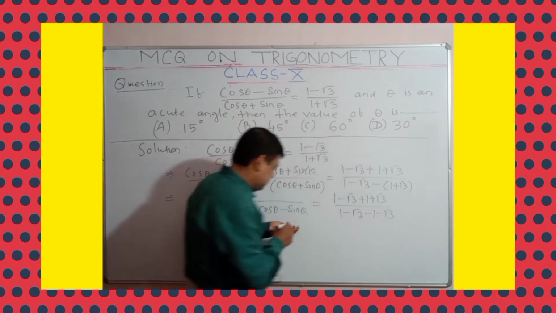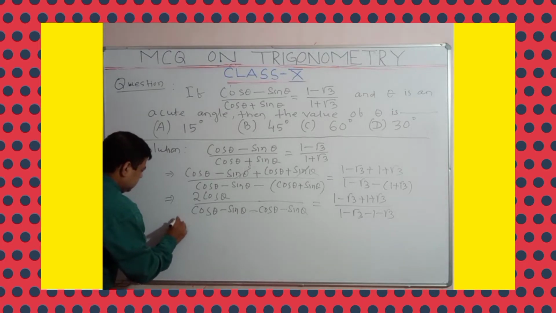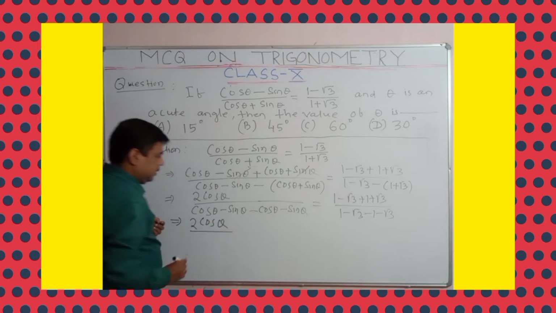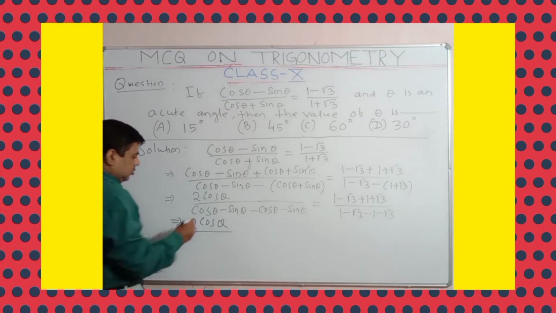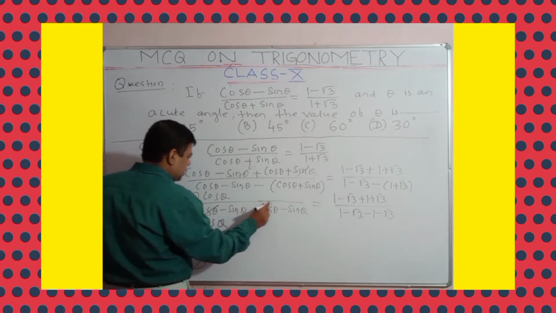After removing the bracket, you see 2 cos theta divided by, look here, cos theta and minus cos theta will be cancelled.